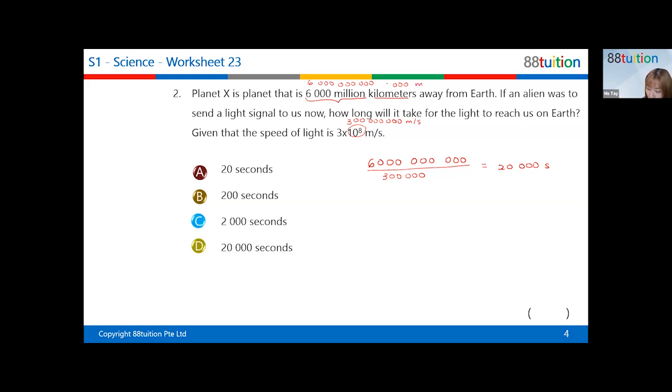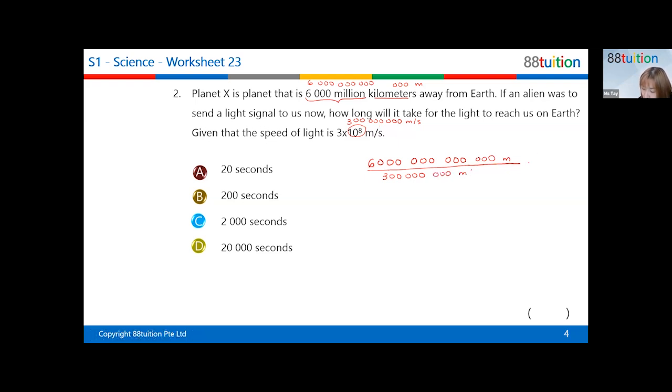So if I want to use meters, I can actually do this. The distance away from Earth, right? I need to add in 3 more zeros. So this is 6 million meters. Then over here should be 80, 1, 2, 3, 4, 5, another 3, meter per second.